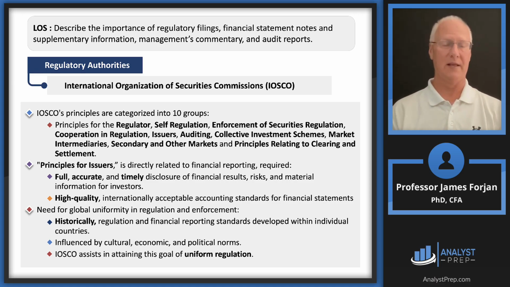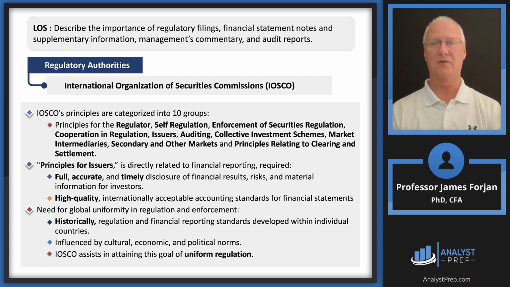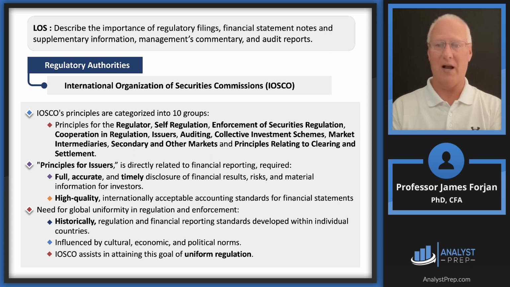But I do think that the second diamond point there, full disclosure, accurate disclosure, timely disclosure, is required. This is kind of easy to assess if you take a company like Johnson & Johnson, and you can find that they have published and released financial statements for the last 1,000 years.